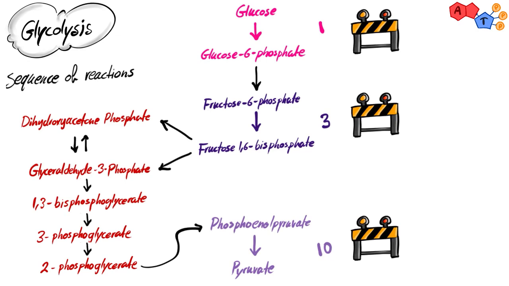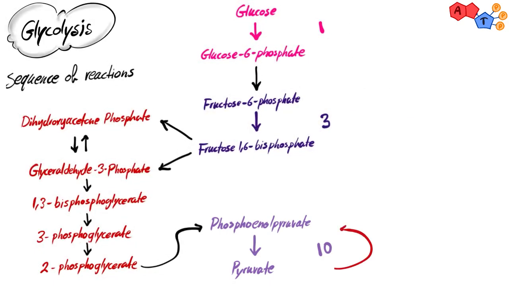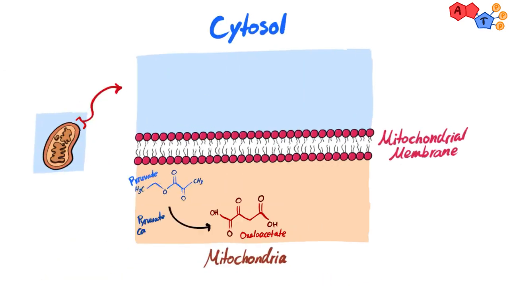Now, since we're working backwards, the first roadblock is reaction 10 of glycolysis, the irreversible conversion of phosphoenol pyruvate to pyruvate by pyruvate kinase. To yield PEP from pyruvate for gluconeogenesis, we need two enzymes, pyruvate carboxylase and PEP carboxykinase. The reaction goes as such: pyruvate carboxylase carboxylates pyruvate in the mitochondria to form oxaloacetate.